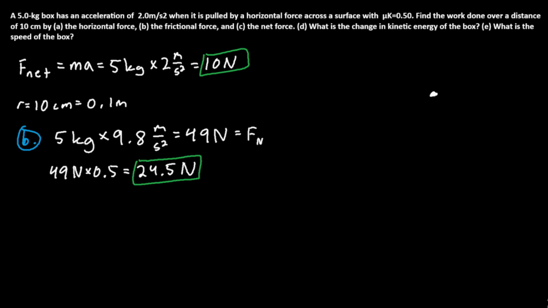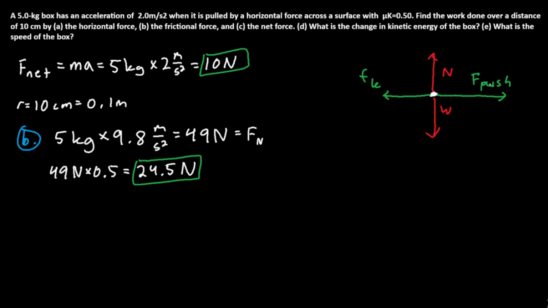If we were to draw a quick free body diagram, let's just draw the weight and the normal force real quick. We will have our push force, which is unknown, F push, what we're trying to solve for in part A, and our frictional force, the force of kinetic friction. But since we know the mass and the acceleration of this box, we know the net force is 10 newtons.